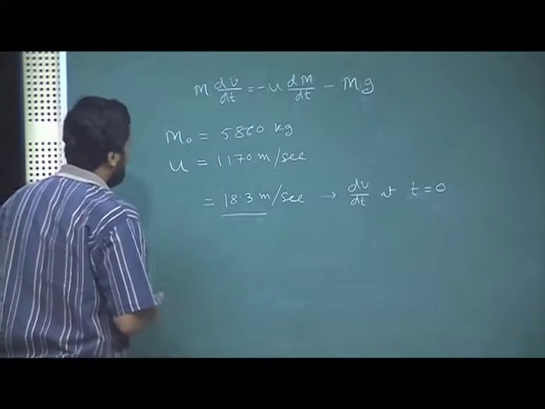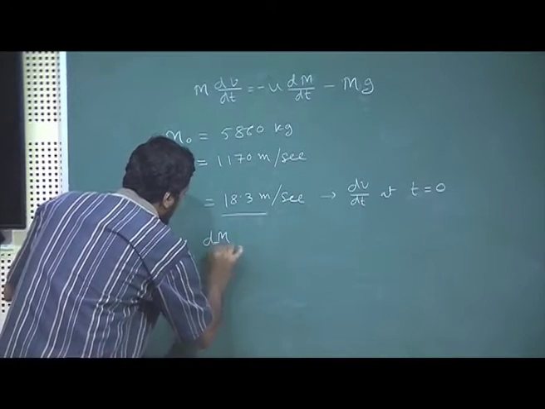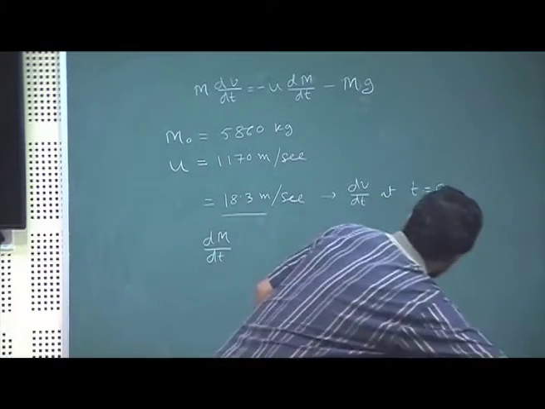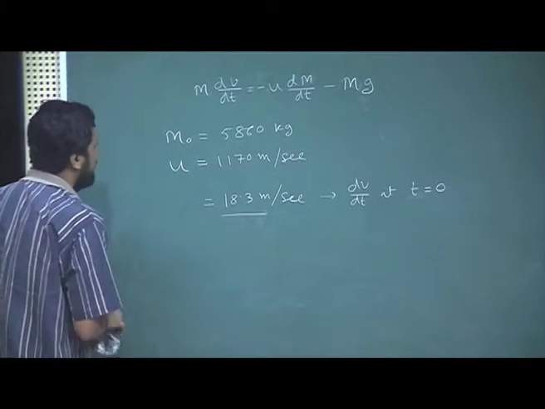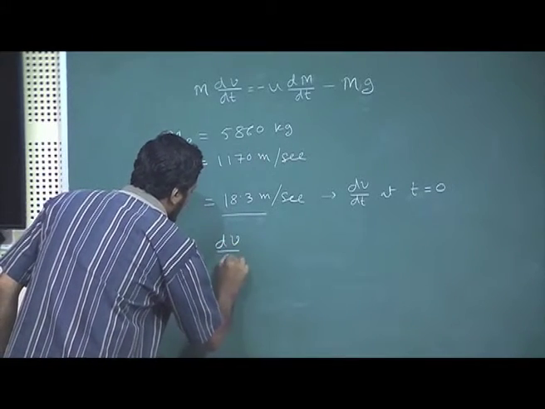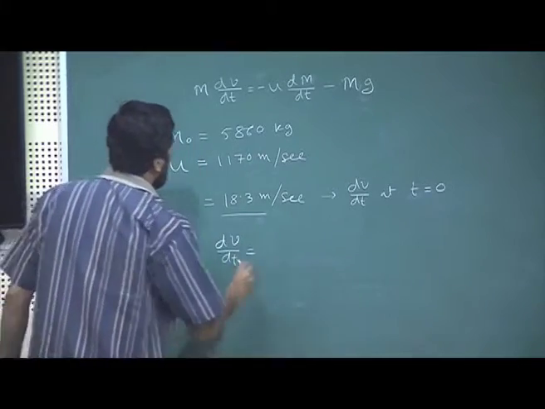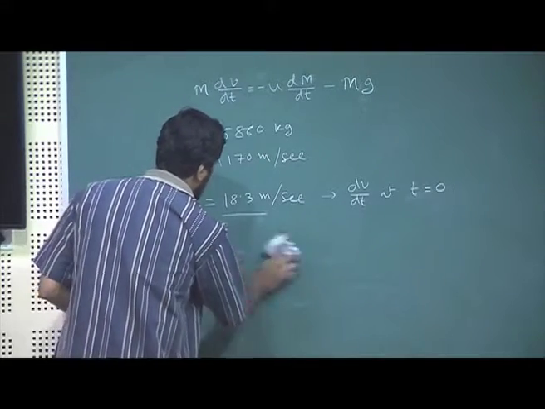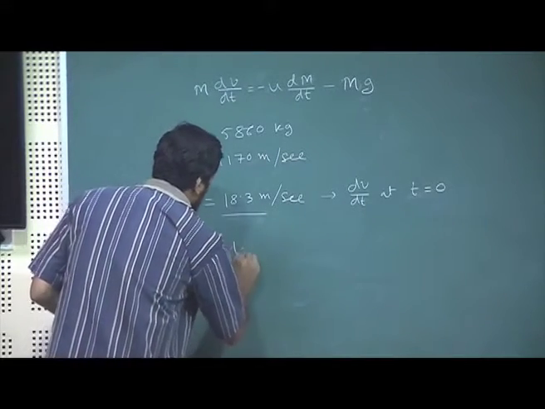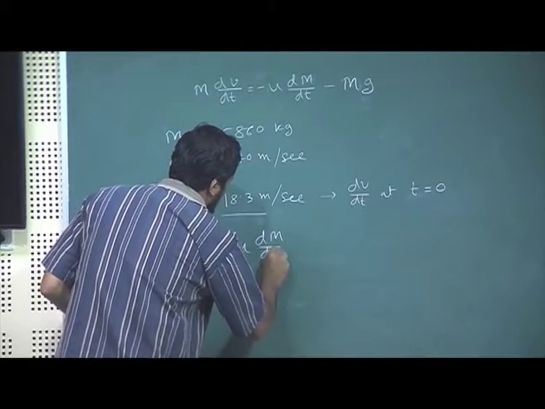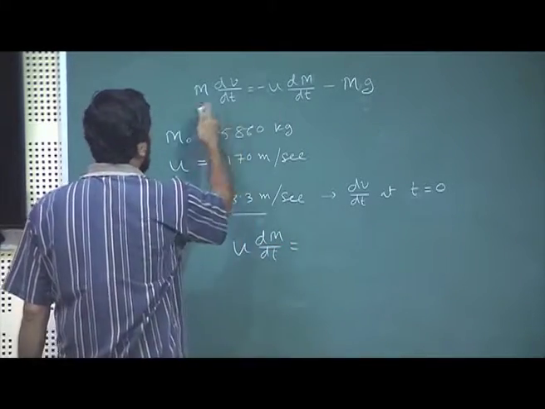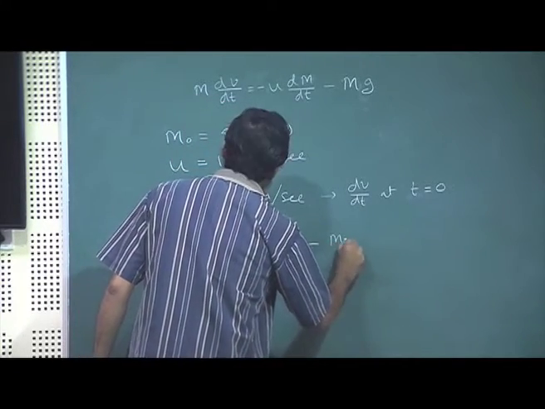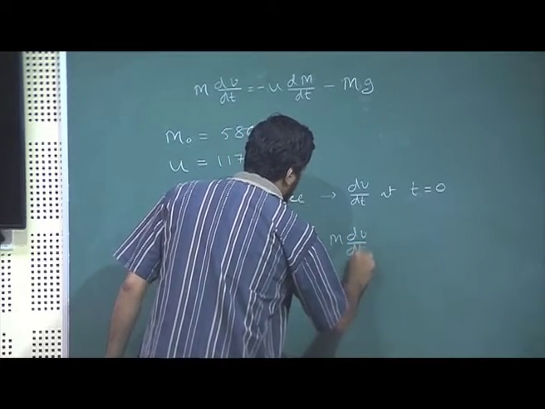So, when we do that, we immediately see dm dt, or rather, we will do it slowly so that we do not make mistakes. We see that u dm dt is equal to minus M dv dt.